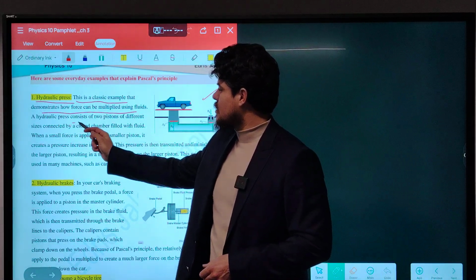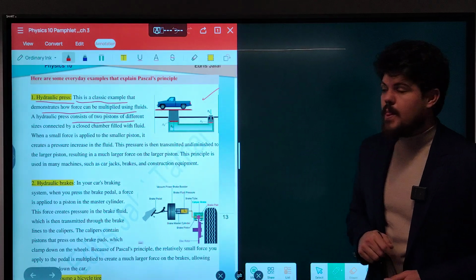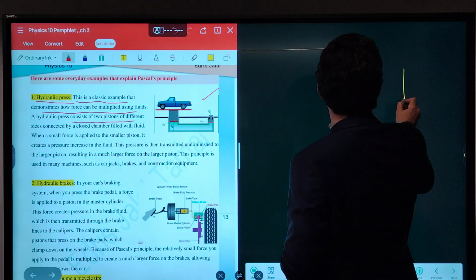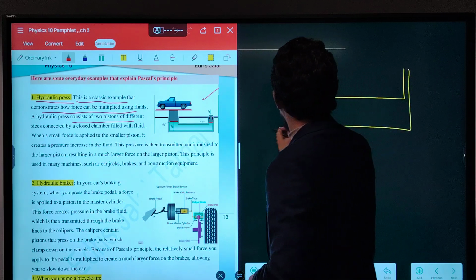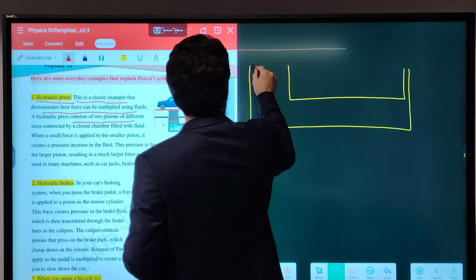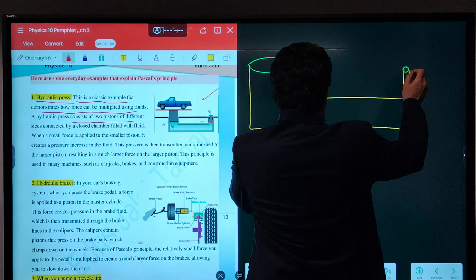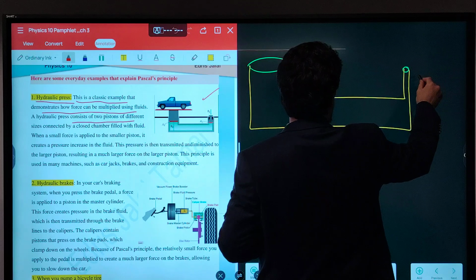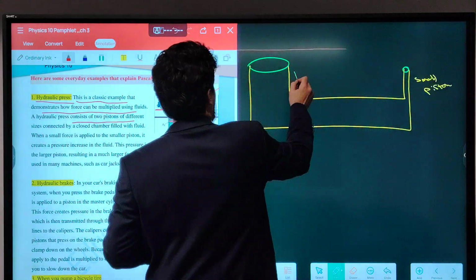A hydraulic press consists of two pistons. How many pistons do we have? Two pistons. Okay, we have two pistons, guys. Small piston, here the small piston, and the large piston.